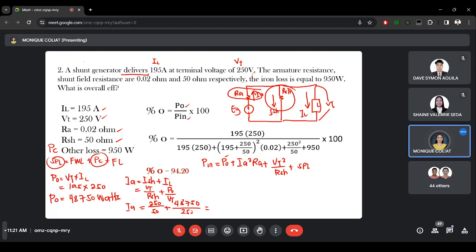So what is our overall efficiency? It is 94.20%.